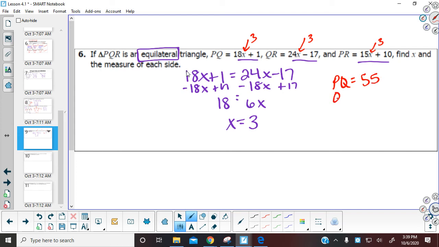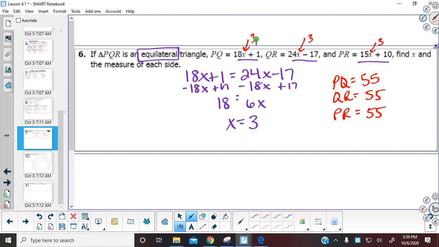For QR, 24 times 3 minus 17 also gives us 55. And then PR, when I plug it in, will also give us 55. Please go ahead and plug it in to make sure that it checks. Don't just go off your knowledge that if one is 55, the rest of them are.